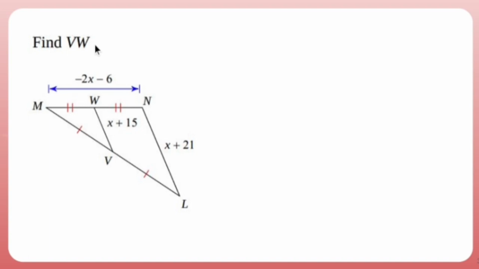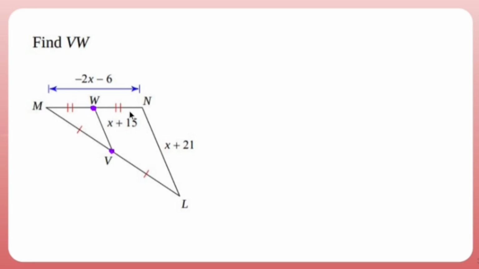Find VW. Volkswagen. Happy Gilmore. VW. All right, well, W first off is a midpoint because these two are congruent. V is also a midpoint because these two are congruent, which tells me that this is a midsegment. VW is a midsegment.